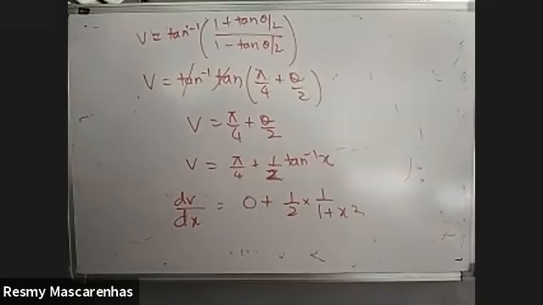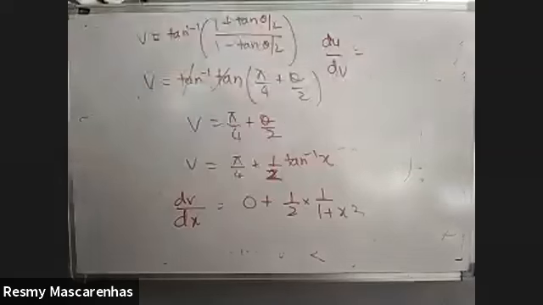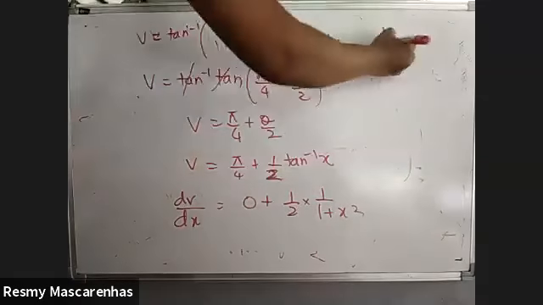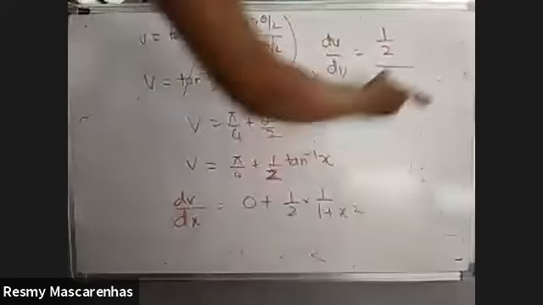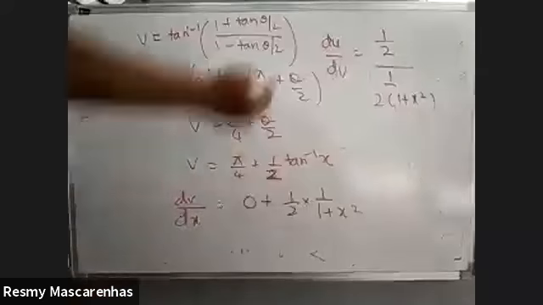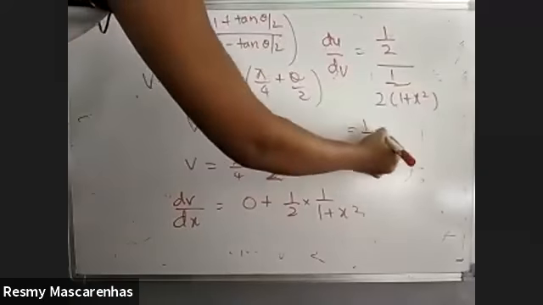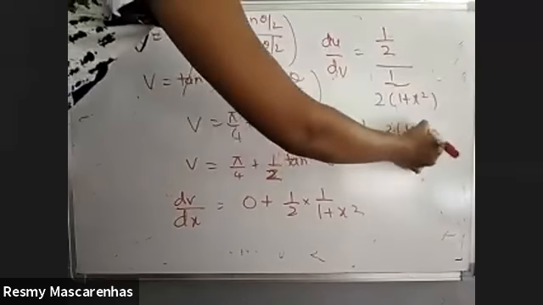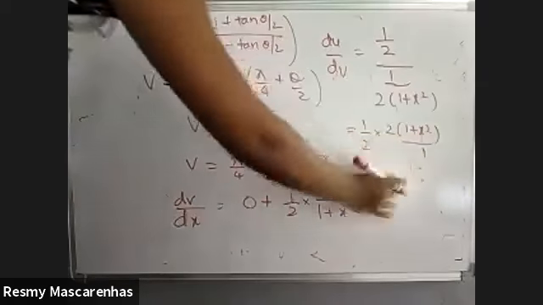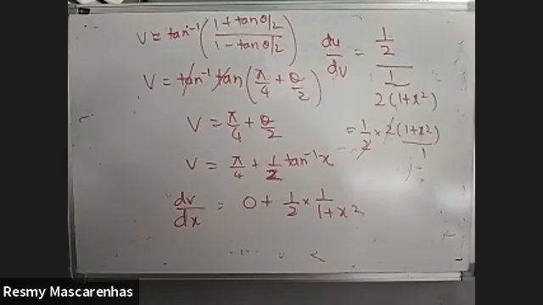So finally, du upon dv will be first answer upon second answer. The first answer was 1 upon 2. The second answer is, now reverse, so it will become like this. 2 and 2 will cancel, and what you will get is the answer.